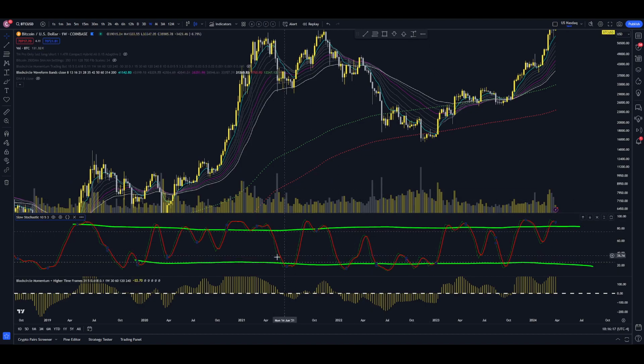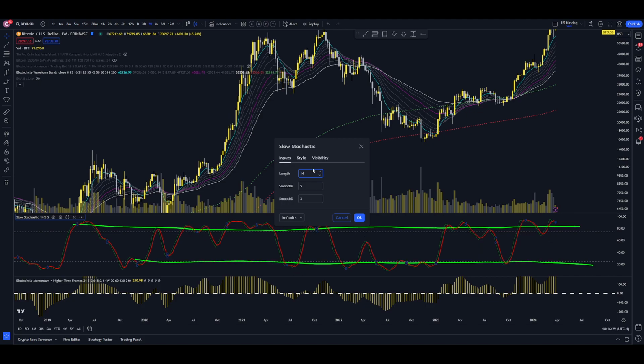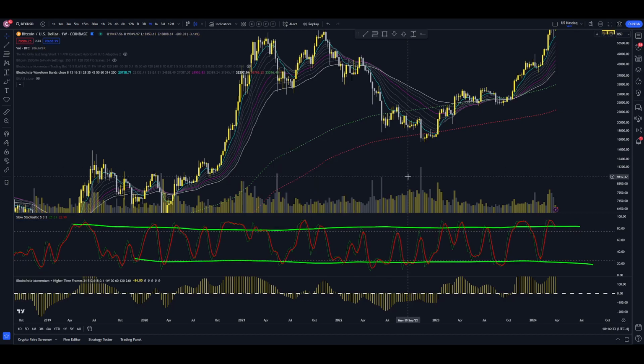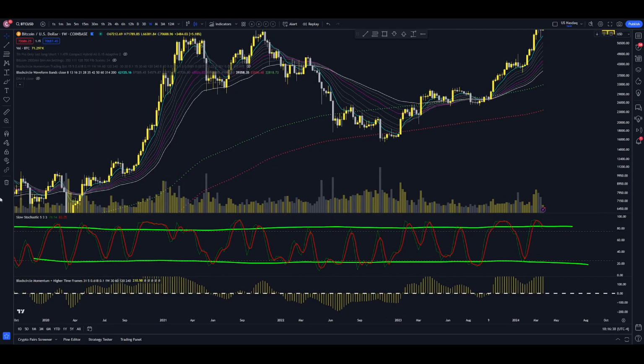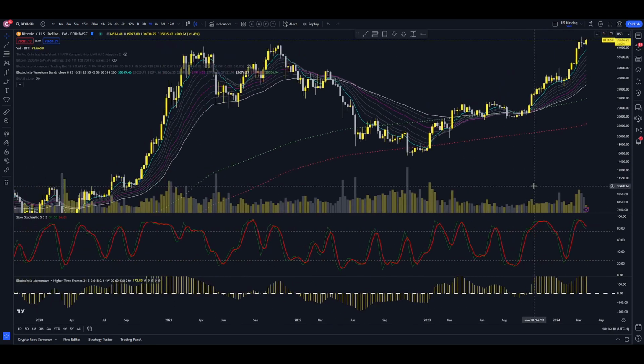It kind of smooths things out a little bit, albeit it's a little bit slower to react. But I would encourage you to experiment with different settings for this. I think the original is 1453. It just depends on what you like. I prefer one that acts a little bit faster, but it's really up to your own individual preferences which one you would use.